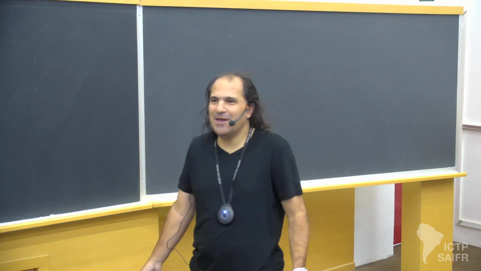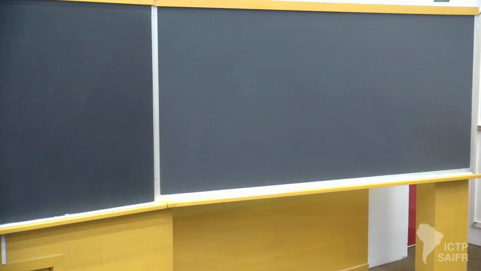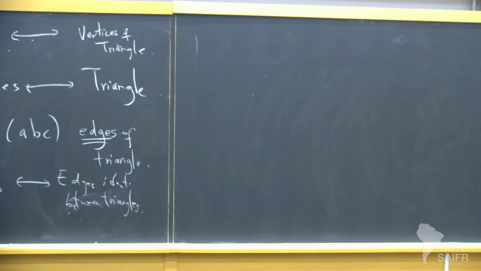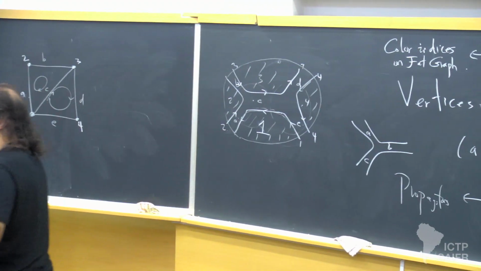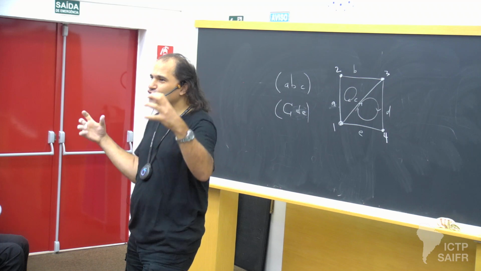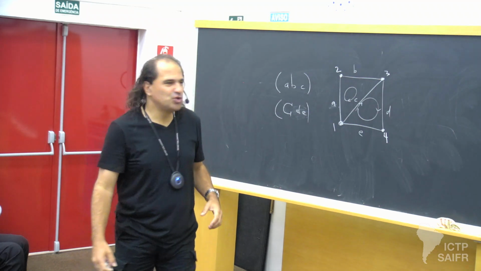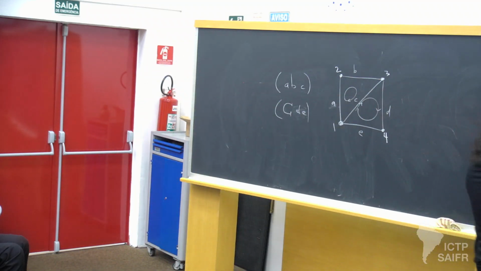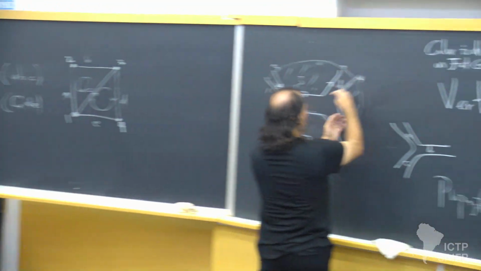Now, just take this picture and shrink the regions 1, 2, 3, and 4. They're not part of the surface, right? They're kind of outside. Now just shrink them. What happens is you shrink 1 and 2 and 3 and 4.